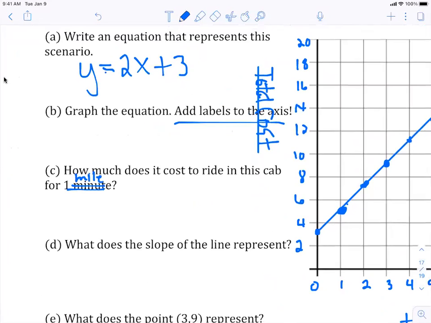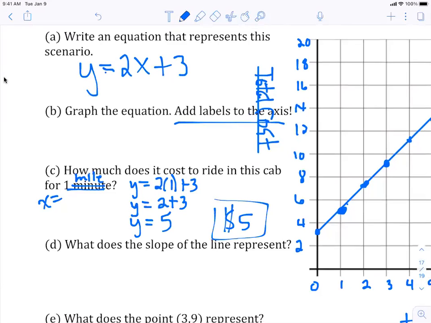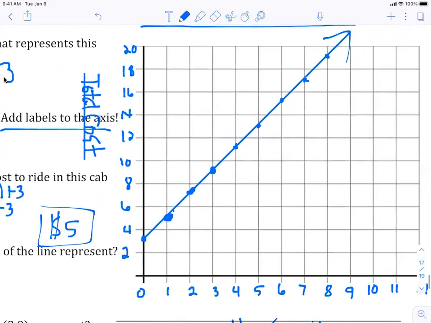What they're telling us is X, because X represents the number of miles. One way you could do this is plug it into the equation. You know it's $2 per mile, so if I'm only riding in this cab for 1 mile, I'm only spending $2 on that. But I still have to account for how much I'm spending just for getting in the cab, which was 3. So really, it costs $5.